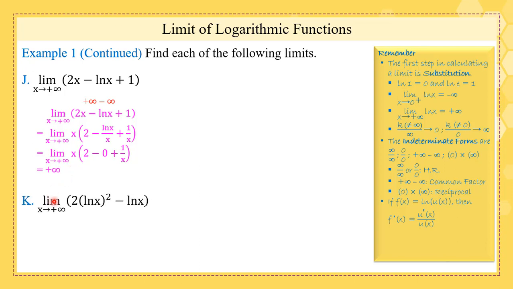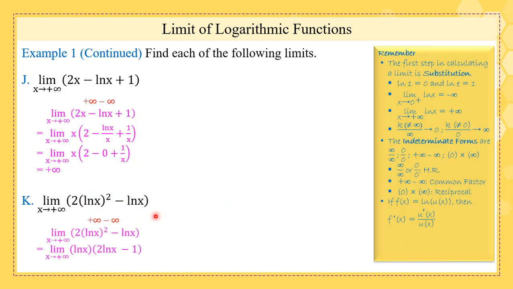Now let's see this limit. Also by substitution, we get plus infinity minus infinity, because the limit of ln x as x tends to plus infinity is plus infinity, and the limit of minus ln x as x tends to plus infinity is negative infinity. So again, plus infinity minus infinity, we take a common factor, and here the common factor would be ln x.